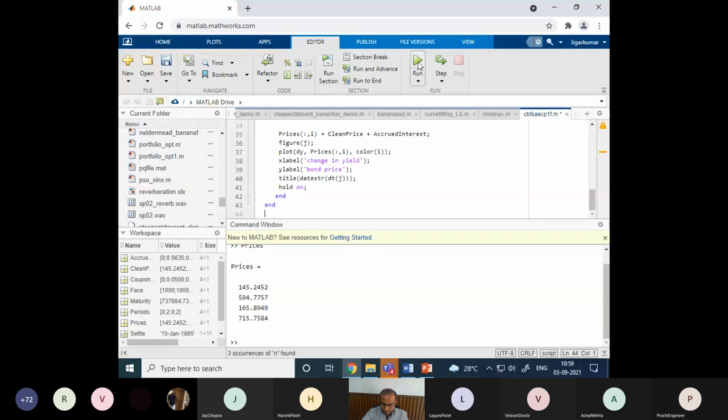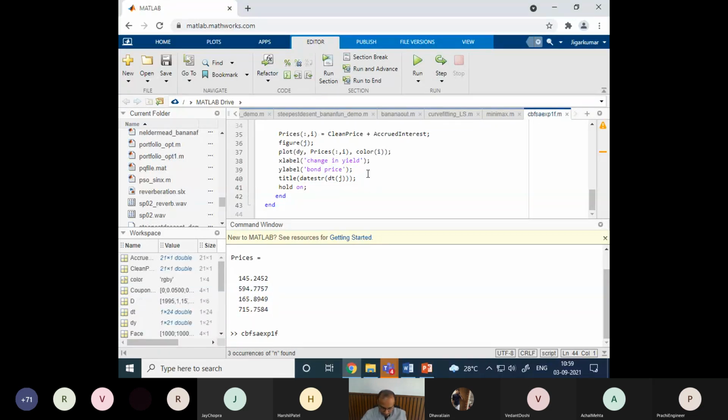All right, let me assume it is completely pasted. Now run it. Wait, it will take some time, because it will generate 24 figures.